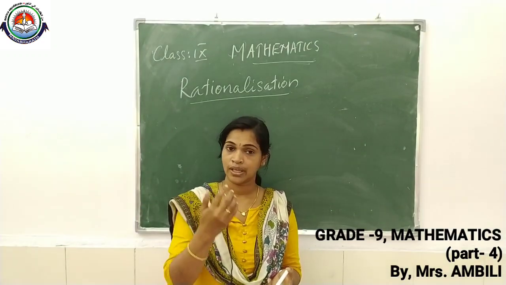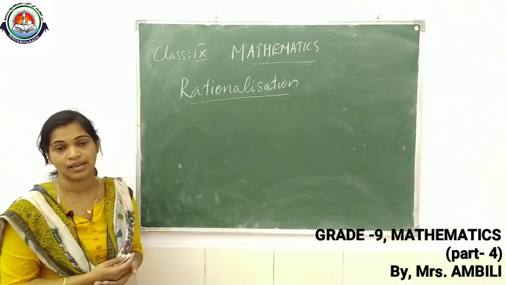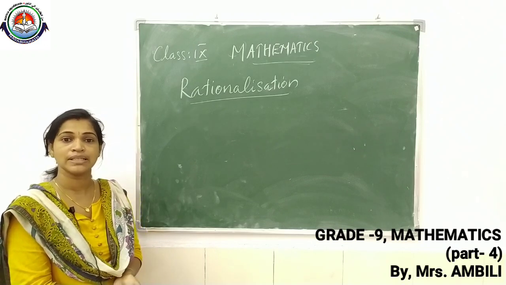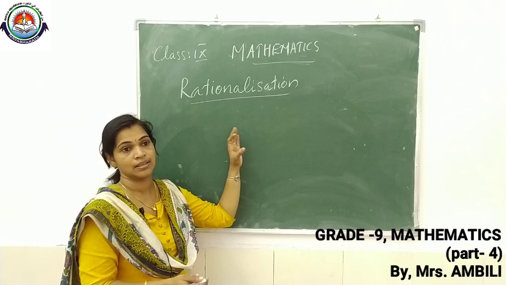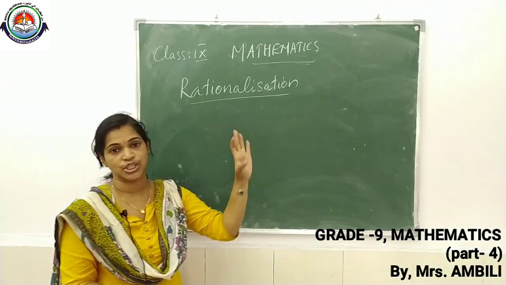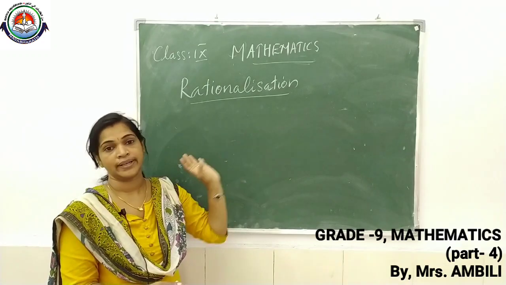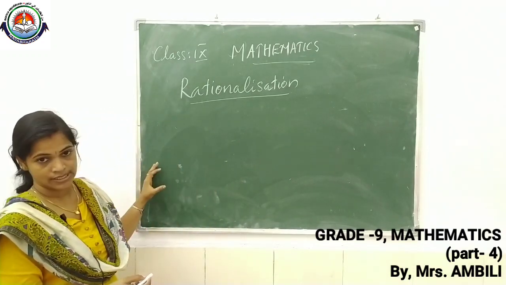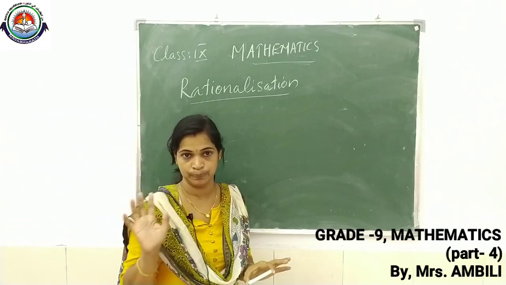So we are using rationalization, and for rationalizing we use the rationalizing factor. The rationalizing factor is what we use to change this irrational number into a rational number.